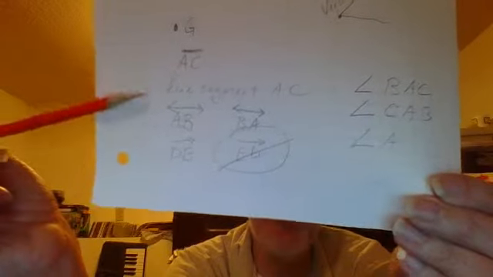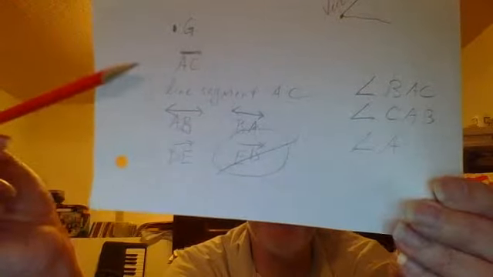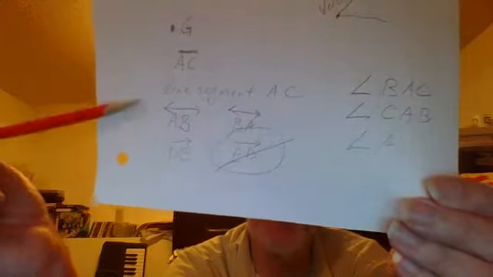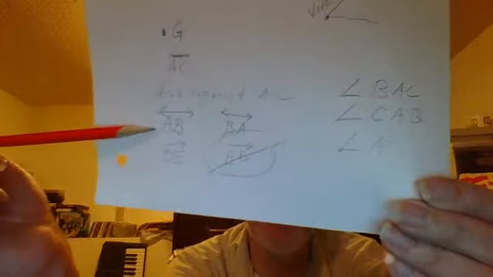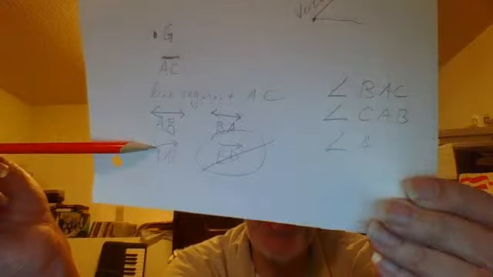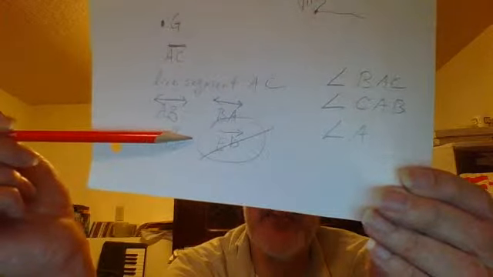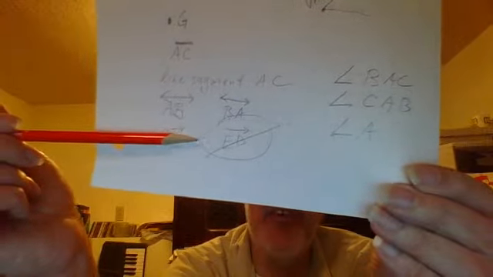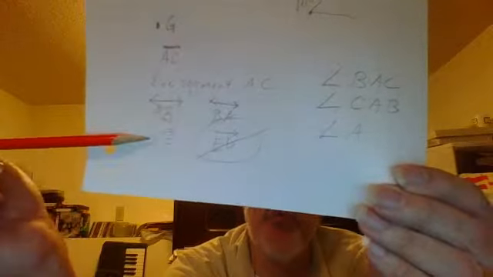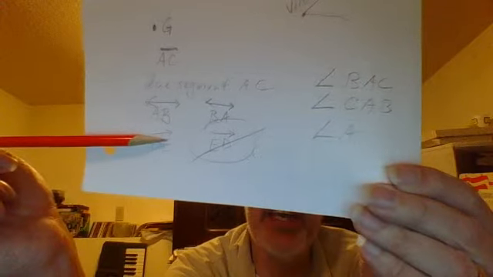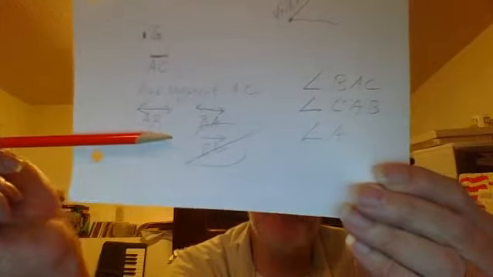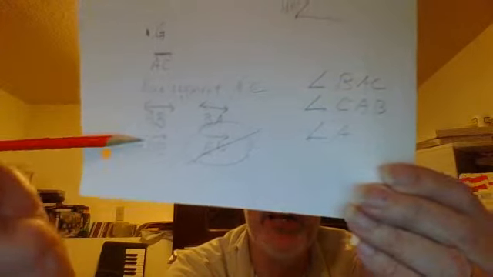Now, for a line or a line segment, you can put the letters in any order you want, because no matter where you start, it goes off into infinity. But a ray, you can't do that. Ray DE is not the same thing as ray ED. Those are two different rays. One starts at D, goes through E, and heads up to infinity.